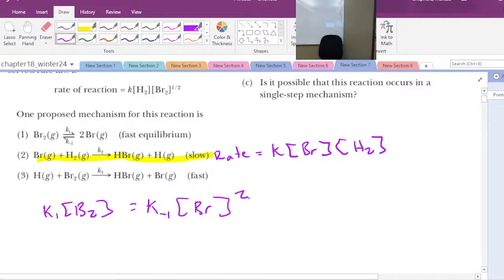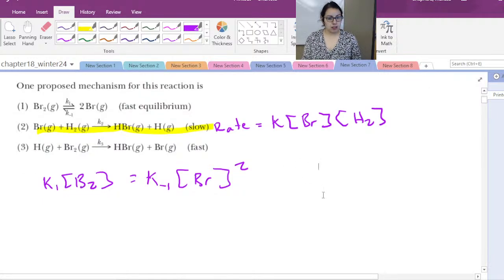And then if you have your one bromine equal to your half equivalent of diatomic bromine, you can plug that into the first again and write it.